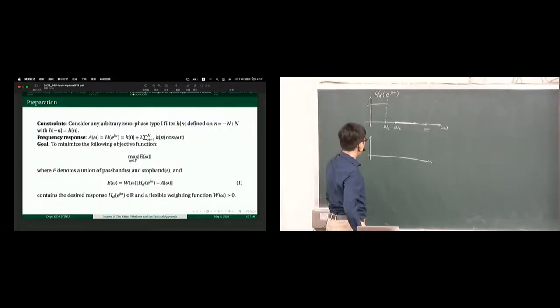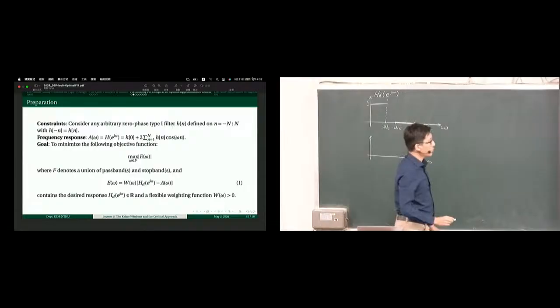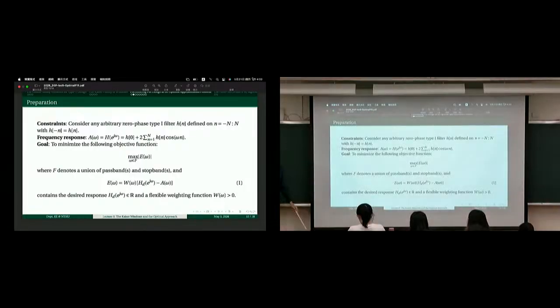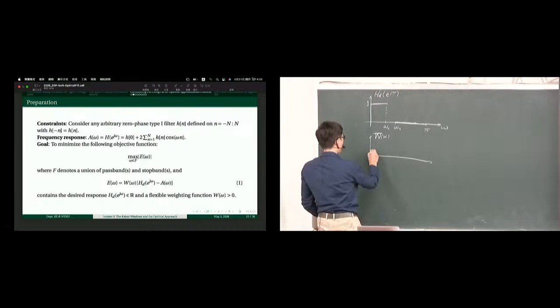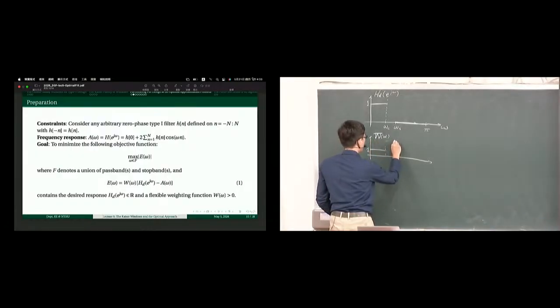And here, we're going to introduce a kind of weighting function, big W. Let's say we are going to have a weight of 1 for the pass band and perhaps 3 for the stop band, for example.